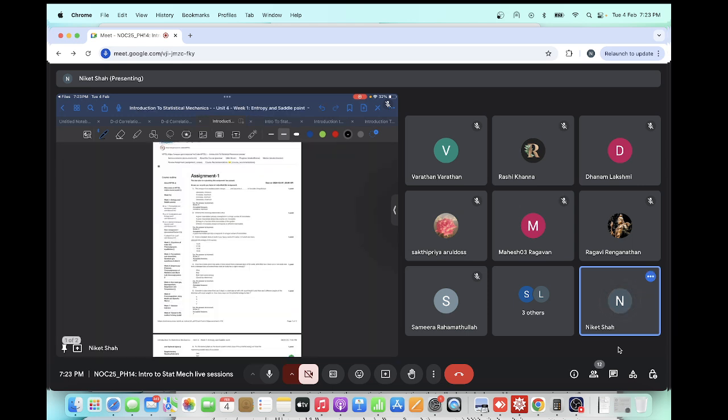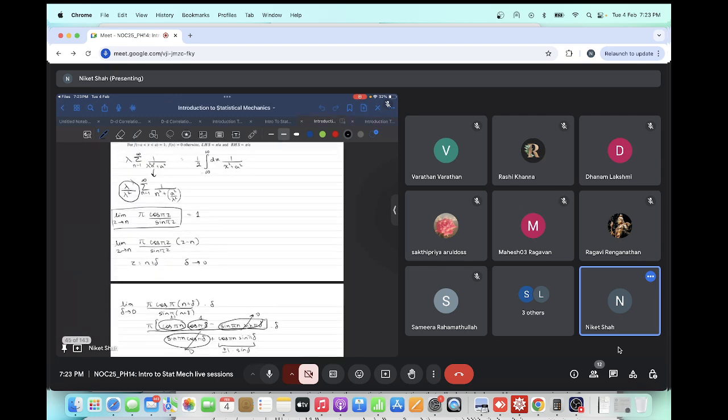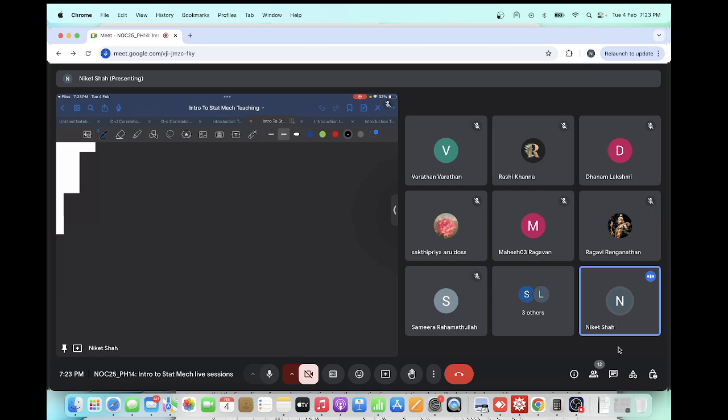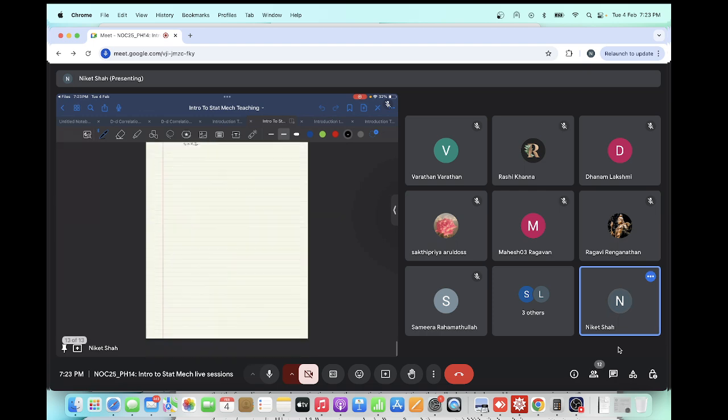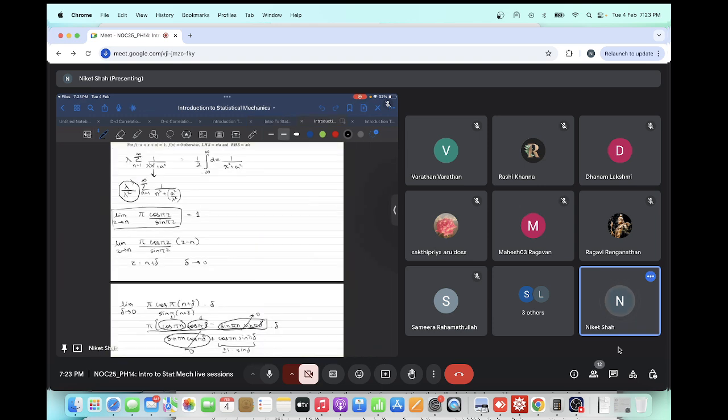Let me verify whether I'm doing it correctly or not. Pi cos pi z on sin pi z. Yes. So this is my function.